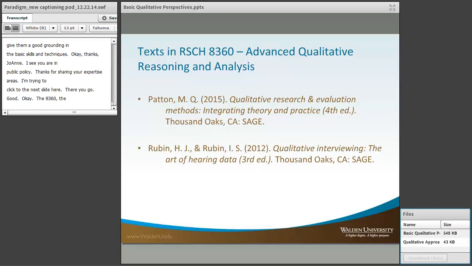So the 8310 is the first qualitative course. The advanced course, 8360, comes as students are moving towards their dissertation. Here we include Patton, which is another graduate level textbook that expands the choices regarding approach, methodologies for data collection, methodologies for analysis, as well as a deep dive into how to do interviewing, which is what most of our students do regarding data collection for their qualitative dissertation.